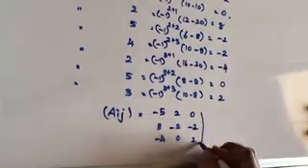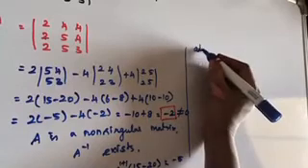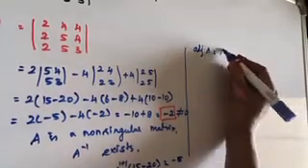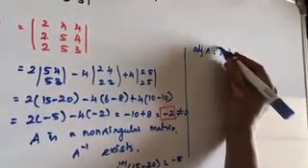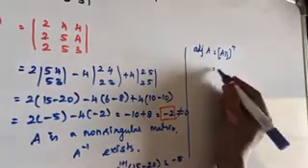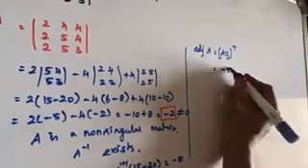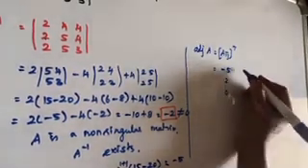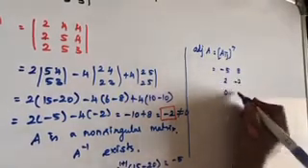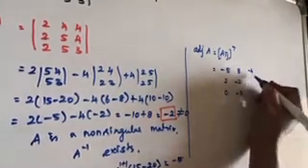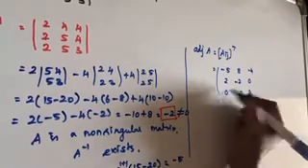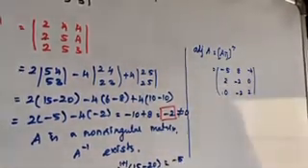This is the cofactor matrix. So adjoint of A is equal to transpose of the cofactor matrix. Okay. So what is the transpose here? [[minus 5, 8, minus 4], [2, minus 2, 0], [0, minus 2, 2]]. This is the adjoint of the matrix.